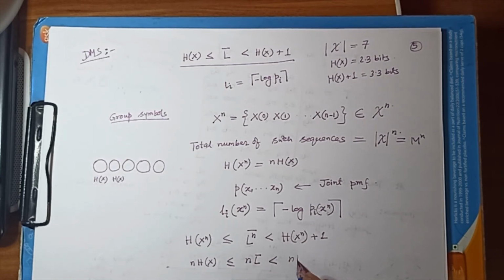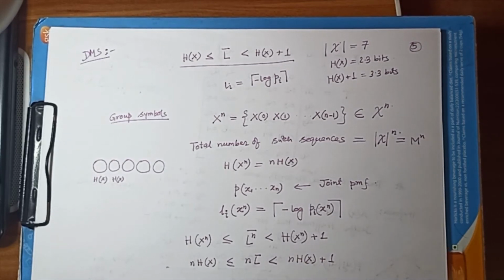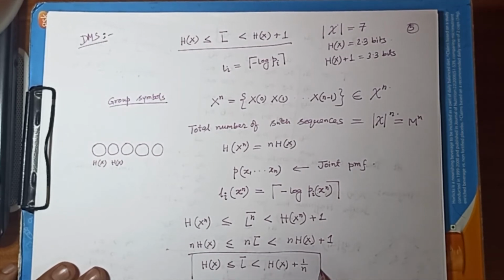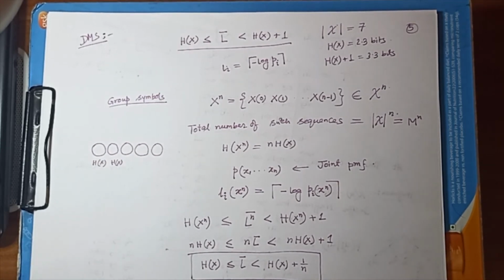So nH(X) ≤ nL < nH(X) + 1. Combining n symbols, everything is multiplied by n, but the one stays just 1 because it comes from the ceiling. Now if you divide everything by n, you get the modified inequality with plus 1 by n. So by making n appropriately large, you can tighten the bound.